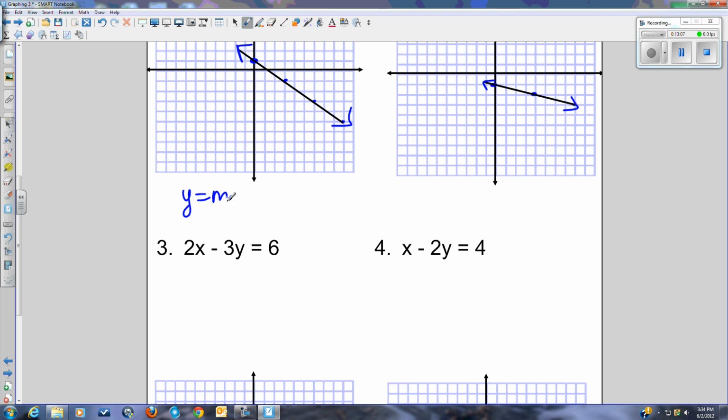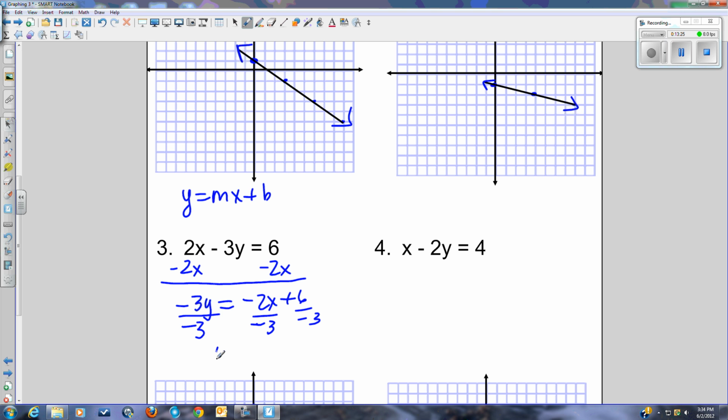So we are going to have to solve that for y. So we're going to start by subtracting 2x from each side. And we get negative 3y equals negative 2x plus 6. Divide everything by negative 3. And we end up with y equals positive 2/3 x minus 2.